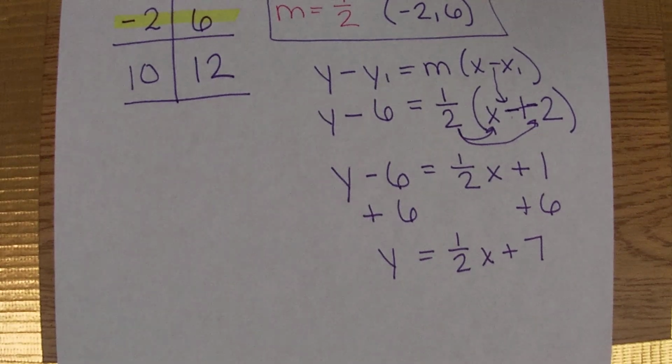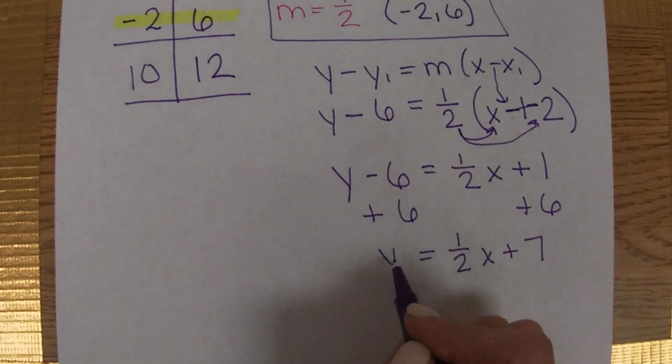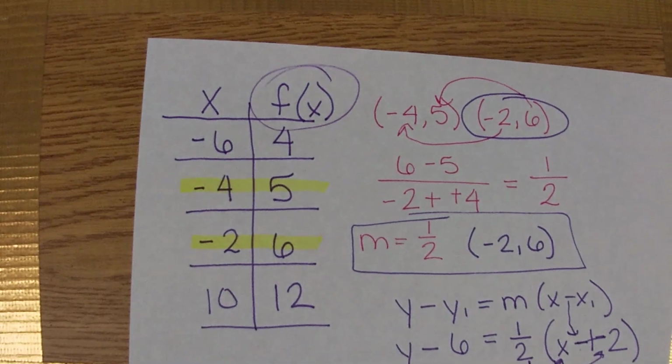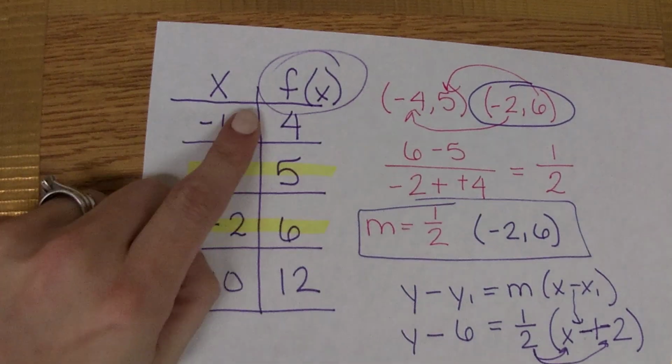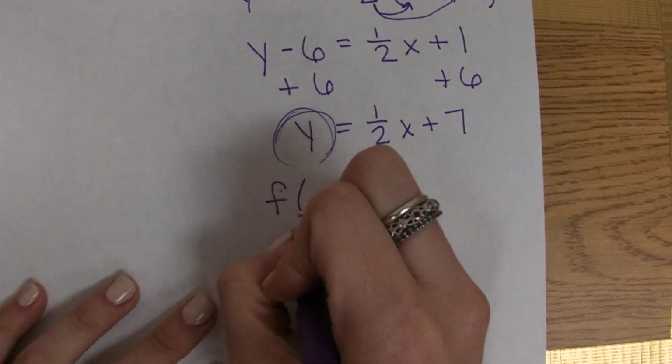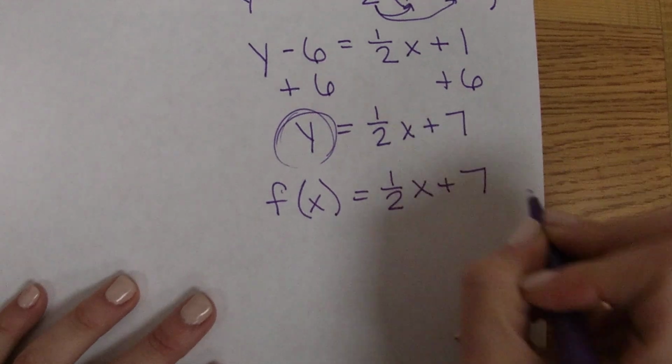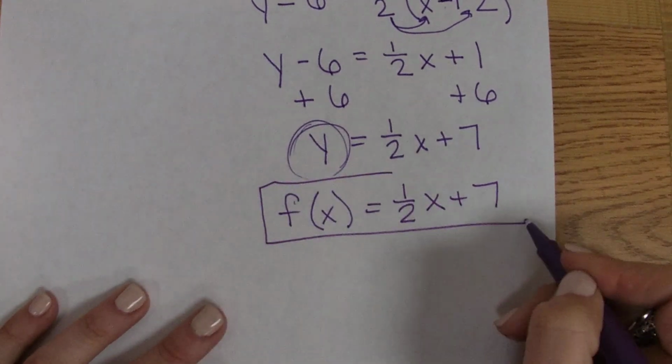Now, we are really, really close to being done, but we're not quite there yet because we don't want this to be a y, because our table was labeled with an f of x. So we said we would want to swap those two out. So this is going to be f of x equals 1/2 x plus 7.